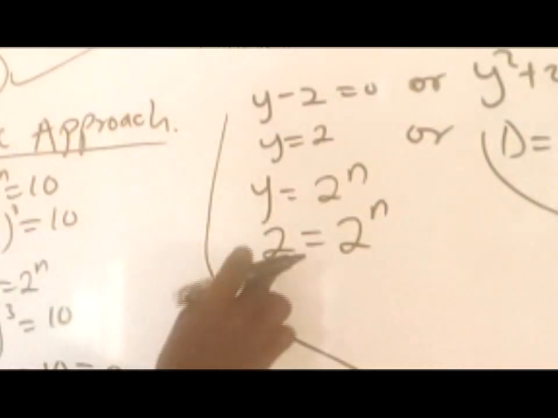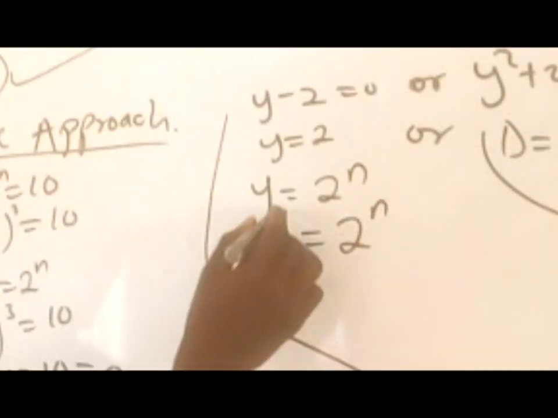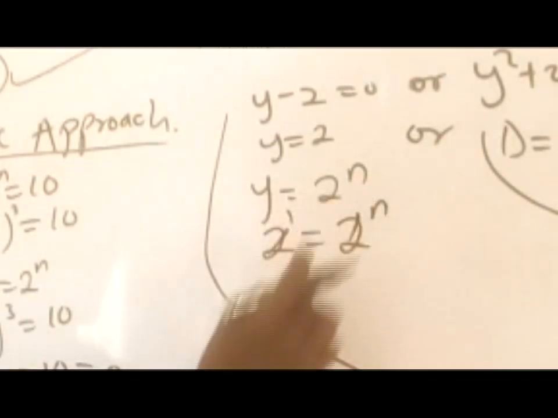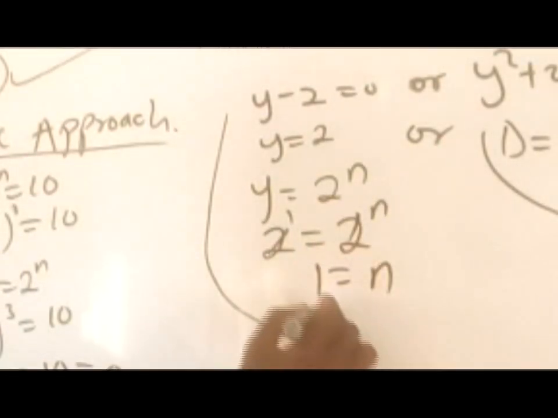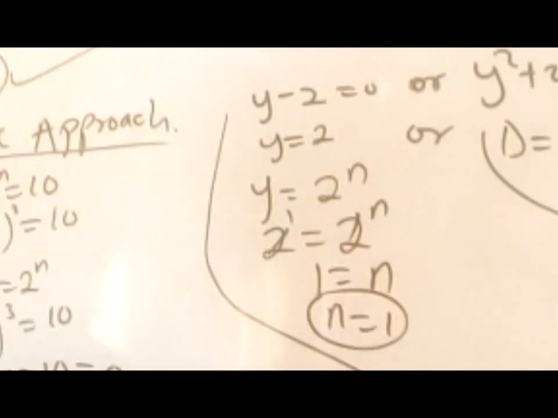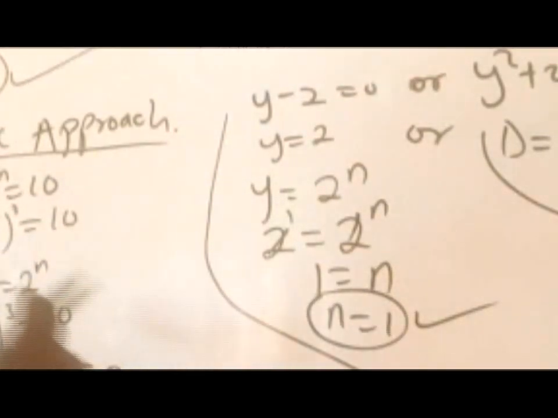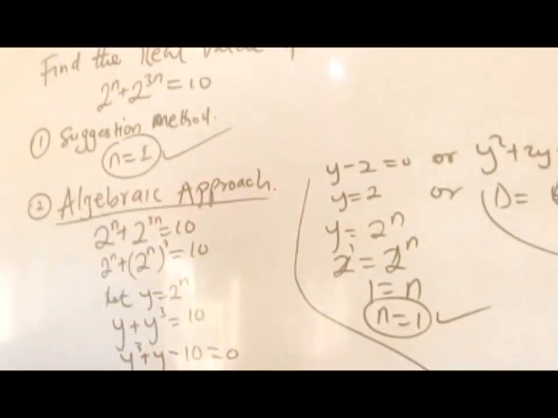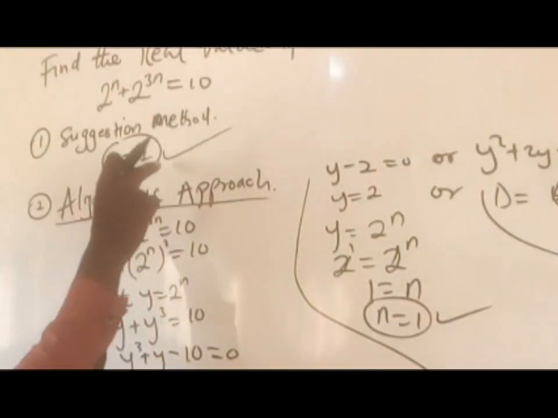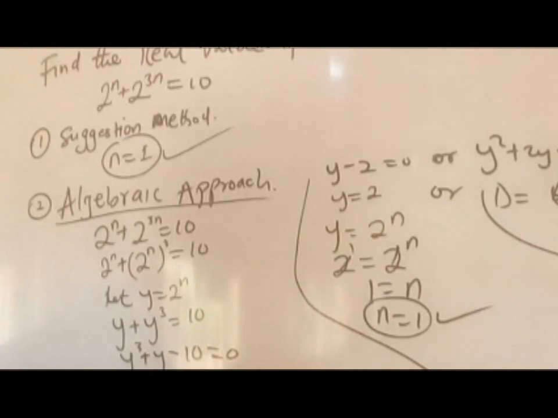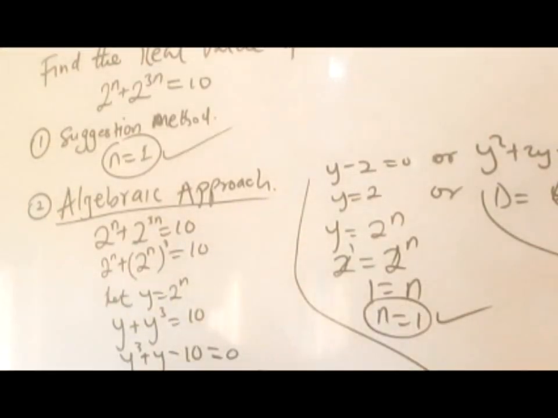So if y is 2 raised to n and y is now 2, we can substitute for y, so that 2 equals 2 raised to n. If the values are equal, the powers must be equal, so 1 equals n. Therefore n equals 1. So the solution is still 1, even from the initial condition we stated earlier. Therefore, this is the solution for n.